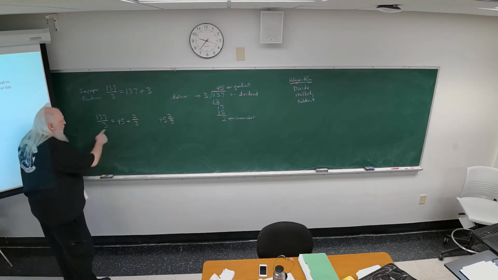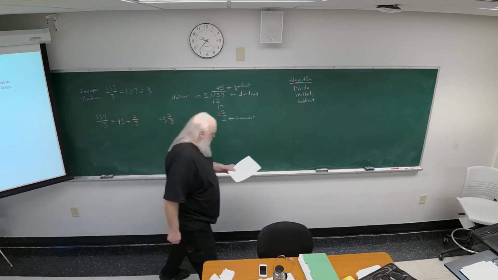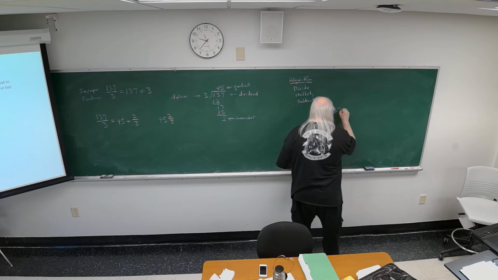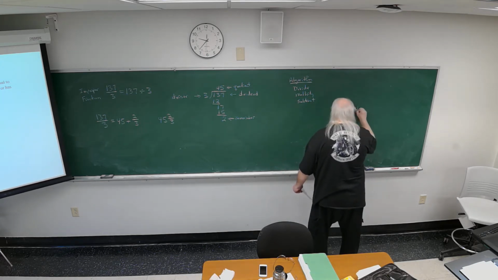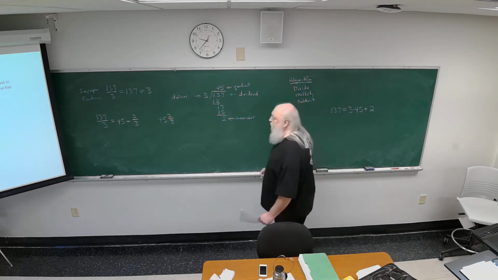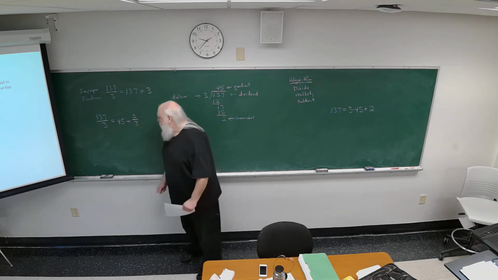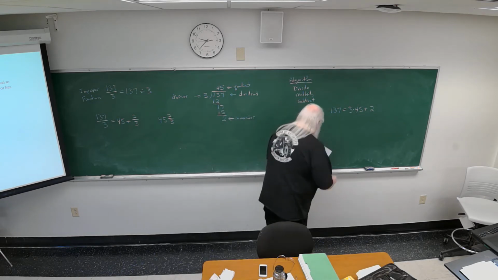Now, if I multiply both sides of this equation by 3, I have 137 is equal to 3 times 45 plus 2.